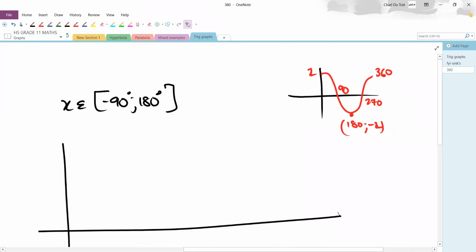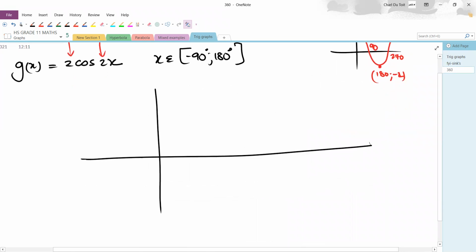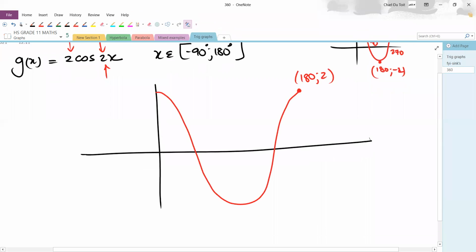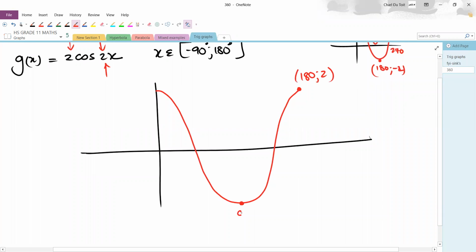And then I'm drawing 2 graphs to 360. I can draw 2 graphs in its period of 360 degrees. So therefore I can draw 1 graph to 180 degrees. 180 and 2. So halfway to 180 is 90 and negative 2.